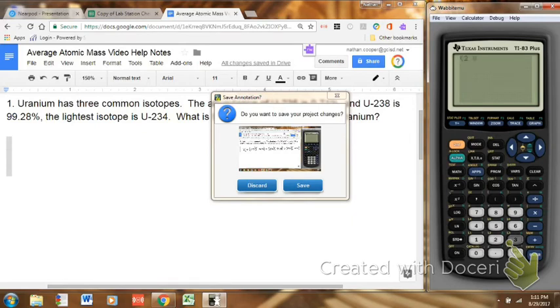So uranium-235, and it's 0.71%, but I'm moving that into a decimal, so 0.0071, plus the other isotope of uranium-238 times its percent abundance of 99.28, plus the third and final one, the mass of 234, times its percent abundance.